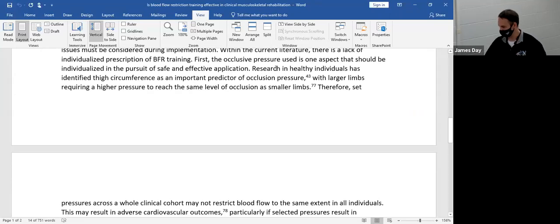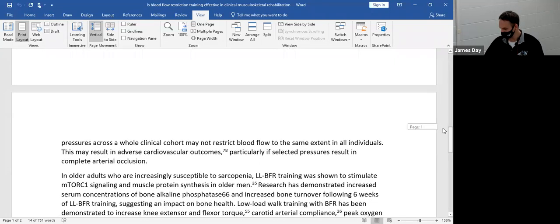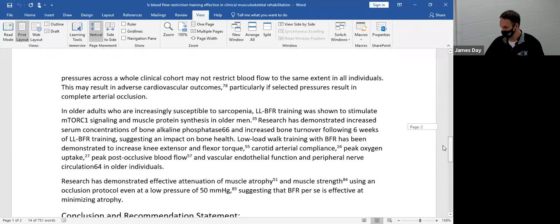Here's one similar. Research in healthy individuals has identified thigh circumference as an important predictor of occlusion pressure, with larger limbs requiring a higher pressure to reach the same level of occlusion as smaller limbs. Therefore, set pressures across a whole clinical cohort may not restrict blood flow to the same extent in all the individuals.